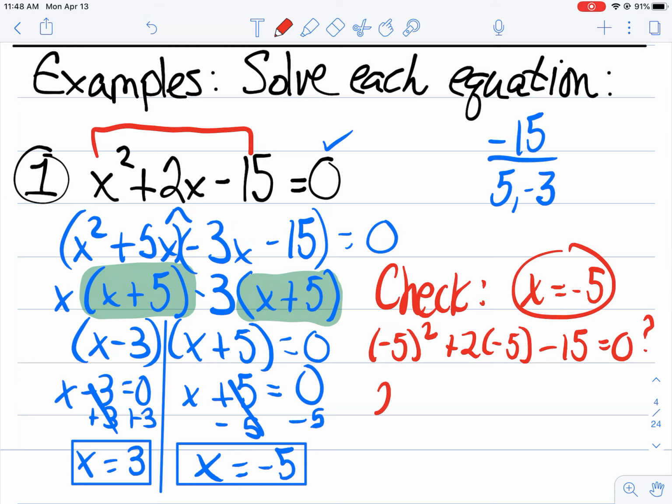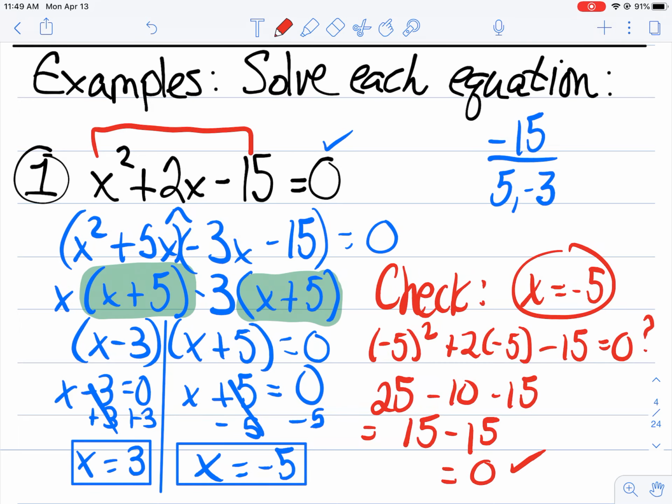Okay? Negative 5 squared is positive 25. 2 times negative 5 is negative 10. Minus 15. Check that out. 25 minus 10 is 15. And 15 minus 15 is 0. So it checks. And that's how we know that those are the solutions or the roots to this equation. All right?